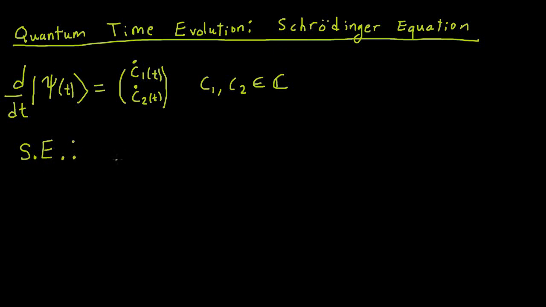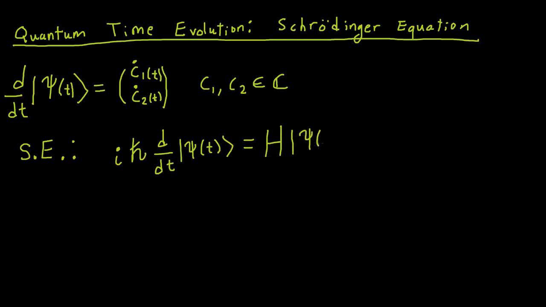It is i times h bar, where this is Planck's reduced constant, times d/dt of our quantum spin state psi of t, equals H, and I'll talk more about H in a second, times the quantum spin state psi of t.